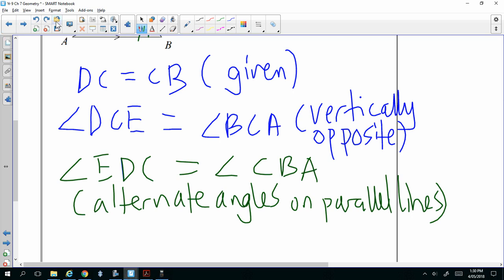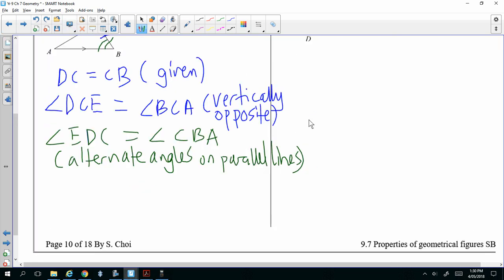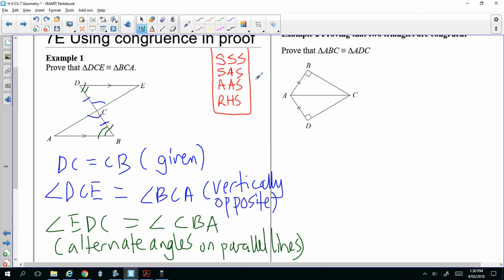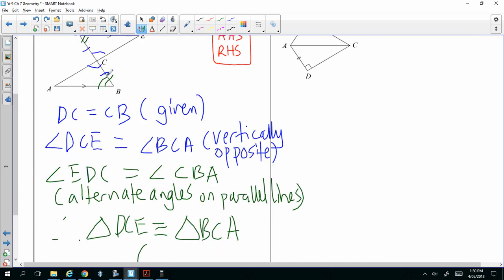So we're going to write a final statement saying, therefore, triangle DCE is congruent to triangle BCA. Now, there's a reason. Remember, there are 4 tests. Which test will be appropriate to say they are congruent? Yes, Evie?